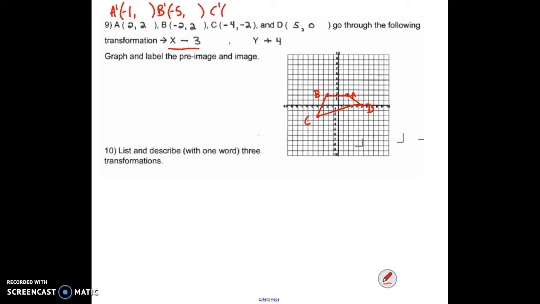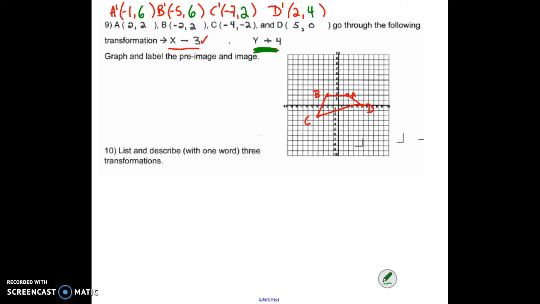C prime, subtract 3 from negative 4, I get negative 7. And D prime, subtract 3 from 5, and I get 2. Check. Now I'm going to add 4 to all the y coordinates. 2 plus 4 is 6. 2 plus 4 is 6. Negative 2 plus 4 is 2. And 0 plus 4 is 4.